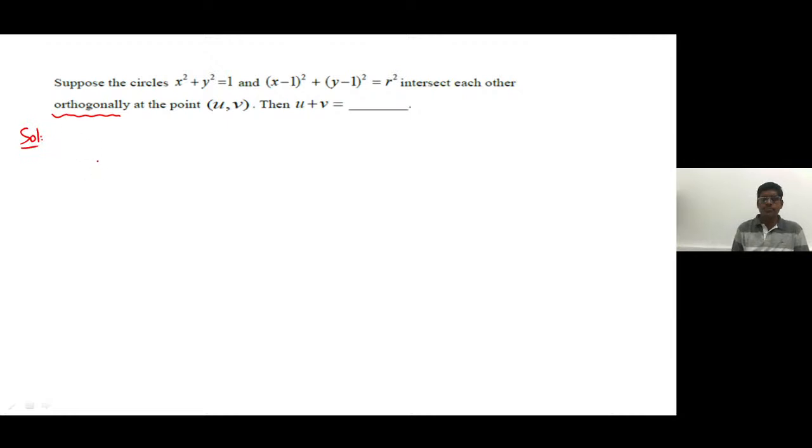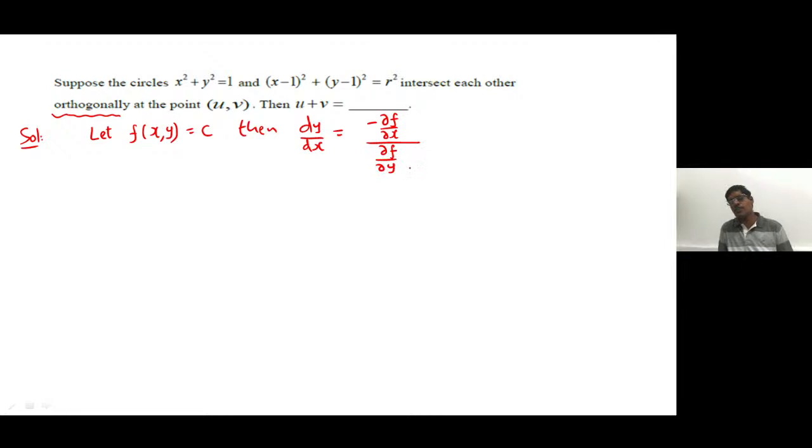So I will give you, let there be a 2 variables function, whether implicit or explicit. Then dy by dx, the derivative of y with respect to x, from normal derivative methods or the partial derivative method, is minus dou f by dou x divided by dou f by dou y: the partial derivative of f with respect to x divided by the partial derivative of f with respect to y, putting minus.